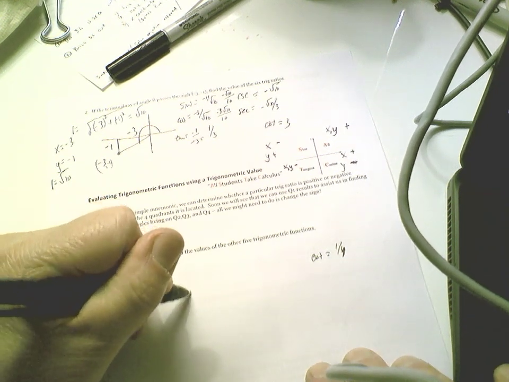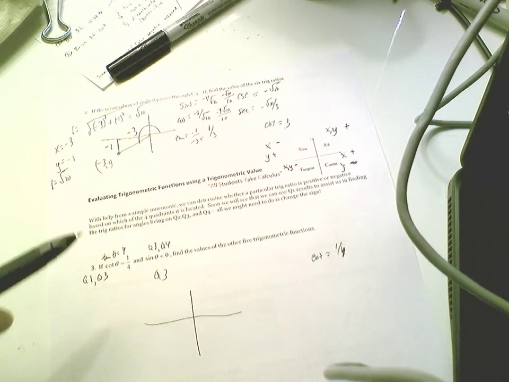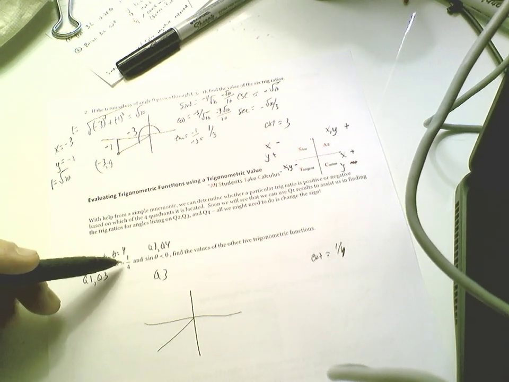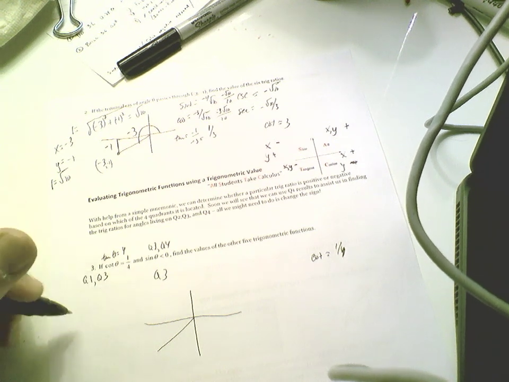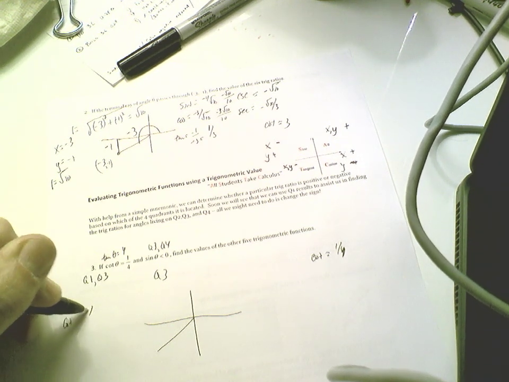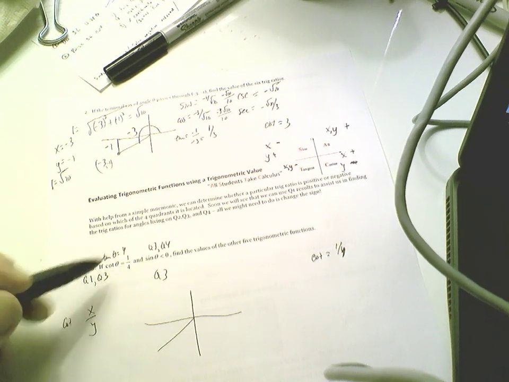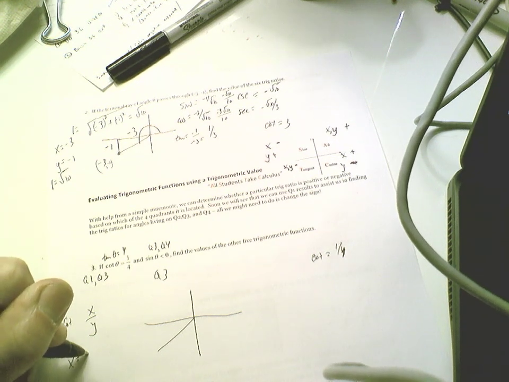Now, what else do I know? Well, I'll just go ahead and draw my terminal point for my angle. I know that the cotangent is 1/4. Cotangent is x over y. I know I'm in quadrant 3, so my x and y values better be negative. That's telling me that x equals -1 and that y equals -4.